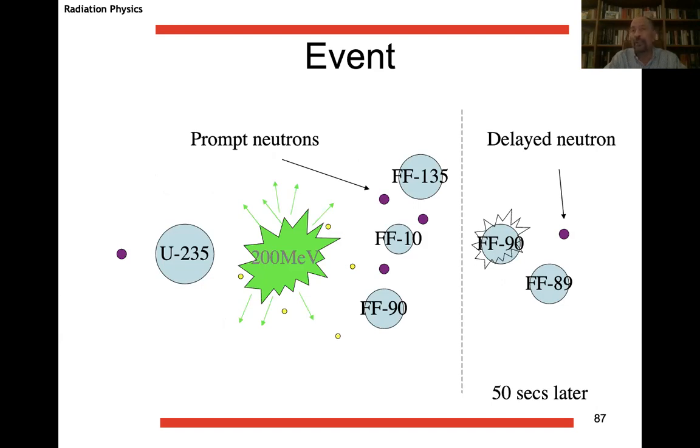So if you are within the so-called critical mass, you can have a chain reaction, fission and fission and fission. The neutrons escaping the volume are not enough to stop the chain, so the chain keeps going on, and then you can produce a very large amount of energy, like in a nuclear reactor or in a nuclear bomb.